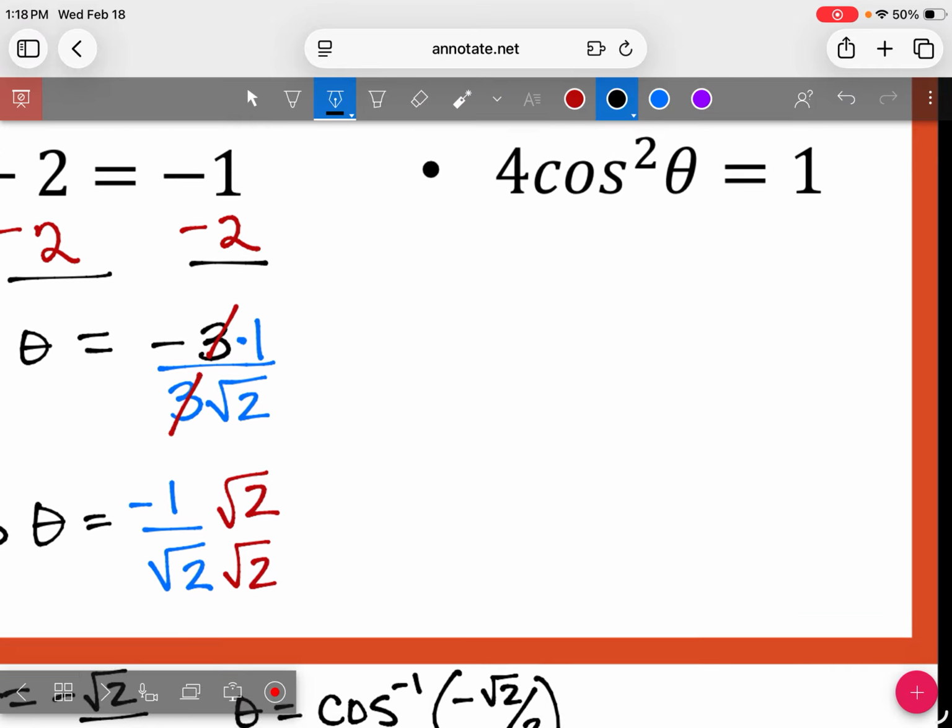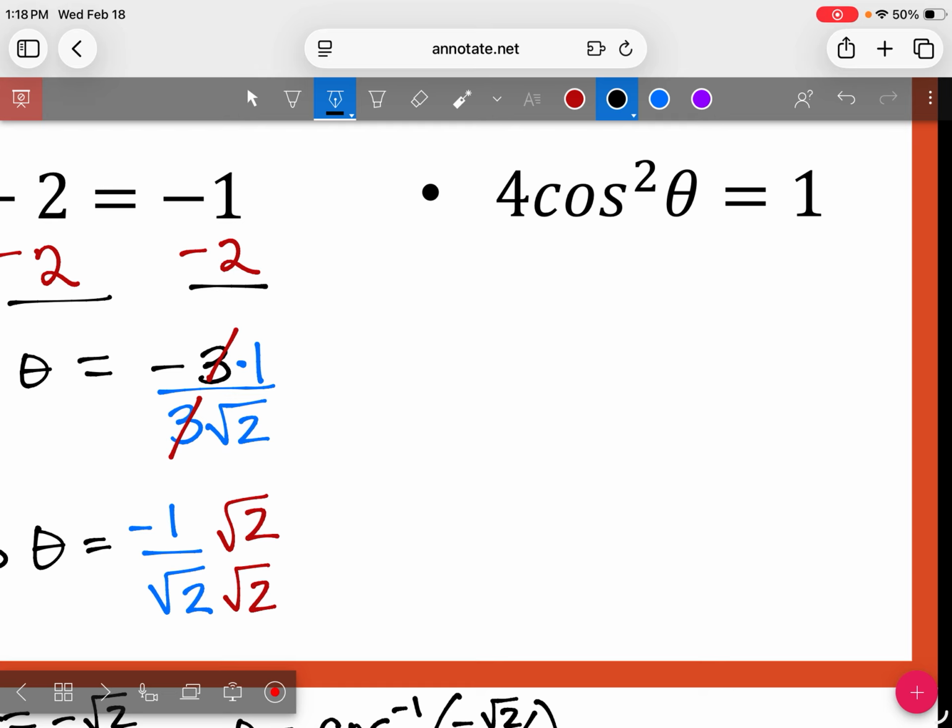Okay. All right, let's look at this one. Go ahead and copy that down if you haven't already. What do you think our first step is going to be? Divide by 4.